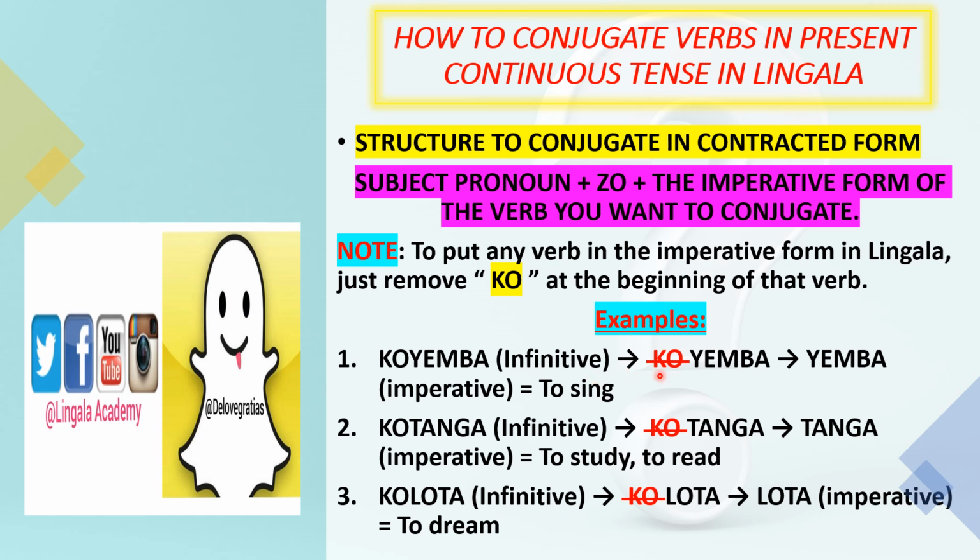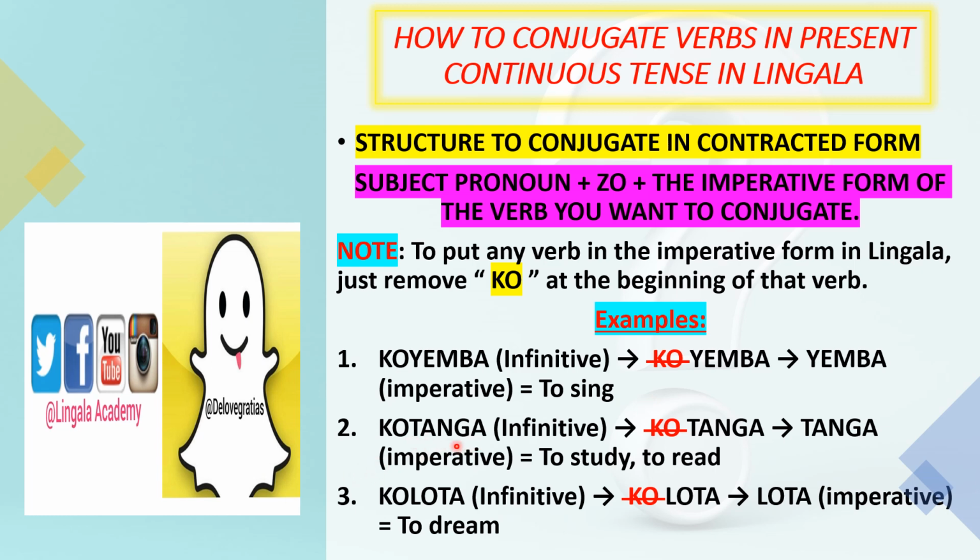So you just need to remove this ko here, K and O. Once you remove this, the part that remains is the imperative form. So for koyemba, you will remain with yemba, which means sing. It's like I'm giving you an order, right?